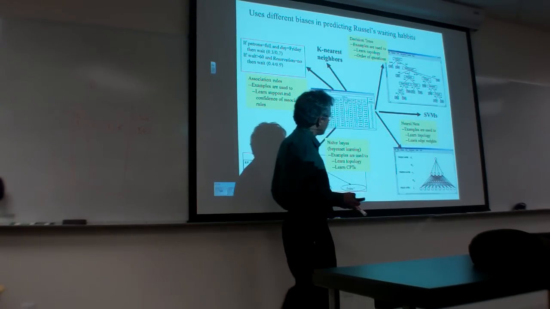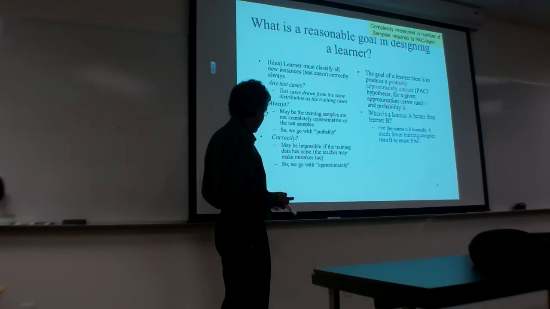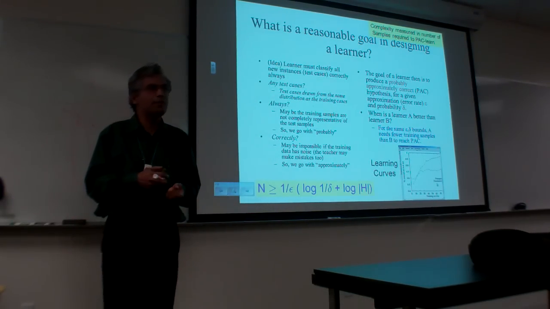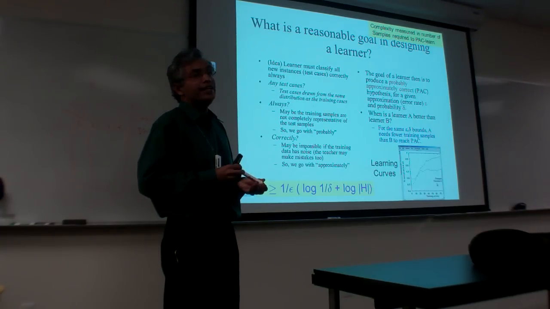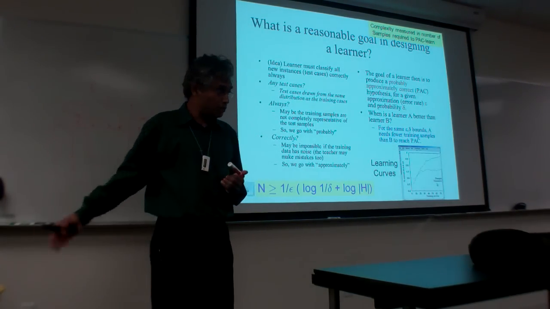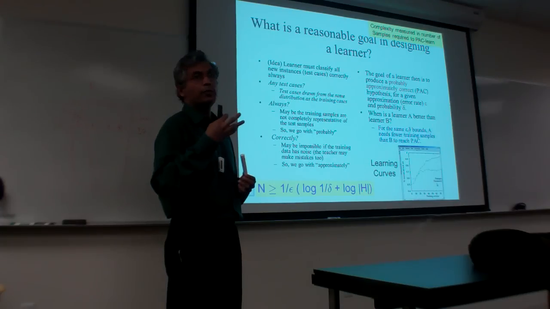That's what we were talking about last class, which basically told you that the minimum number of examples you need is proportional to log of the number of hypotheses. Since the number of hypotheses is the number of Boolean functions, there are 2 power n. A log of 2 power n is 2 power n.